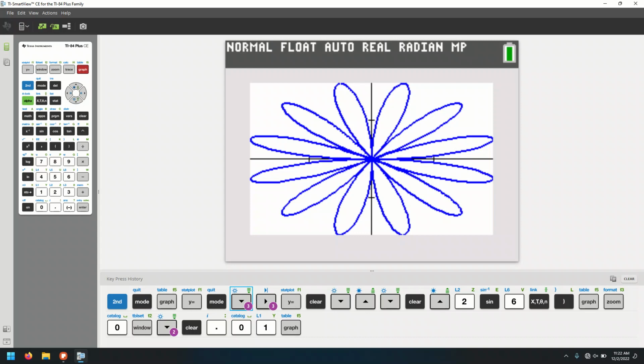Let me get my notes here. Yes, it's right here.